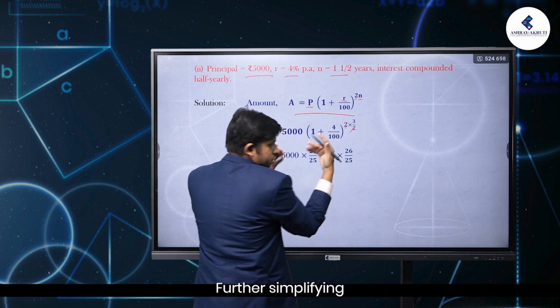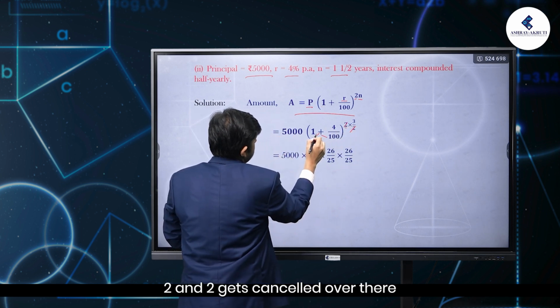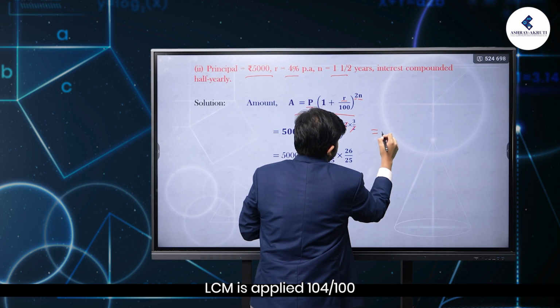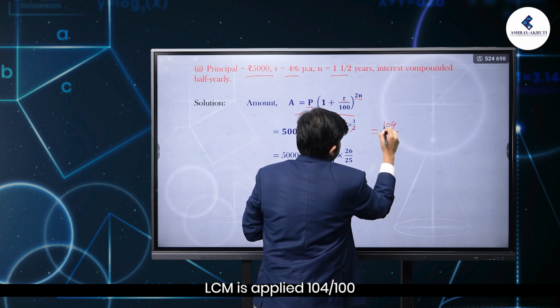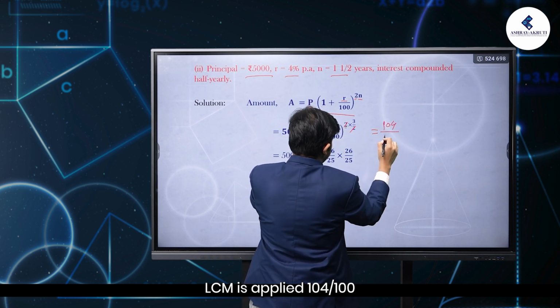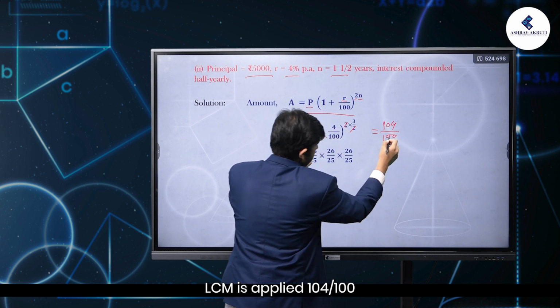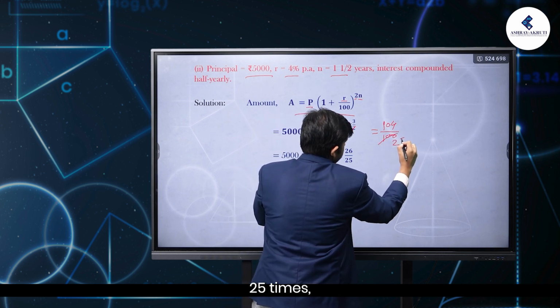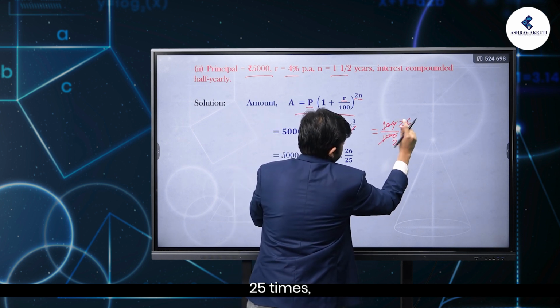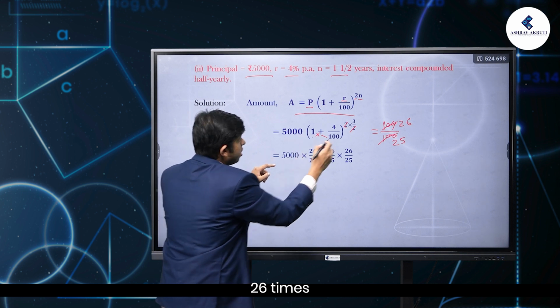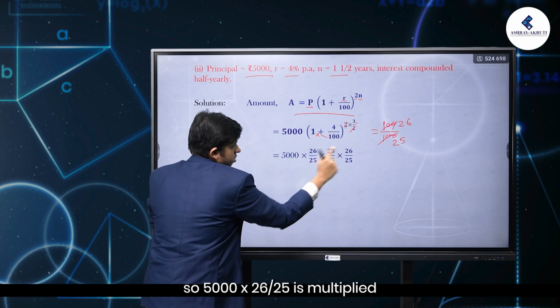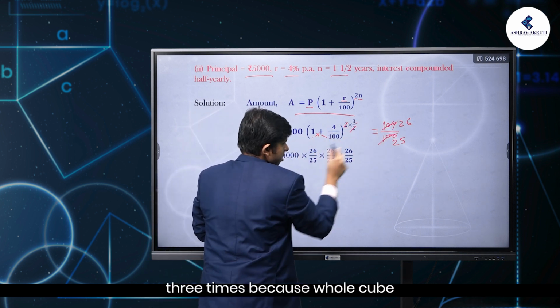Further simplifying, 2 and 2 get cancelled over there. LCM is applied, 104 by 100. 25 times 4, 26 times 4. So 5,000 into 26 by 25 is multiplied 3 times because whole cube.